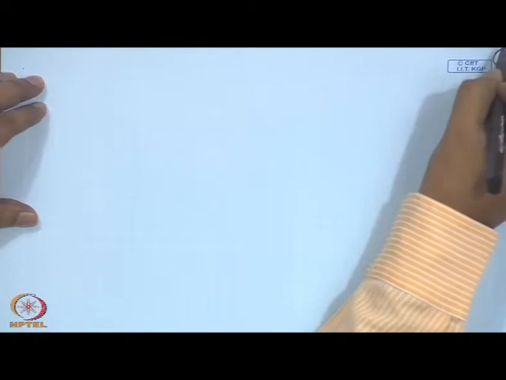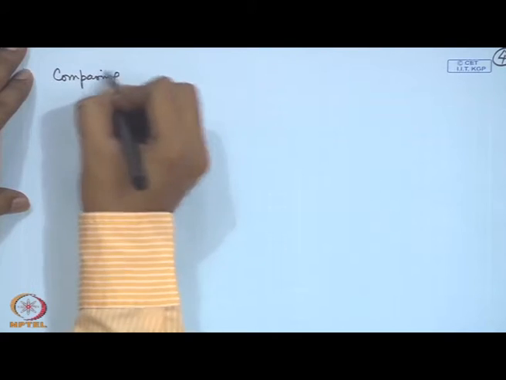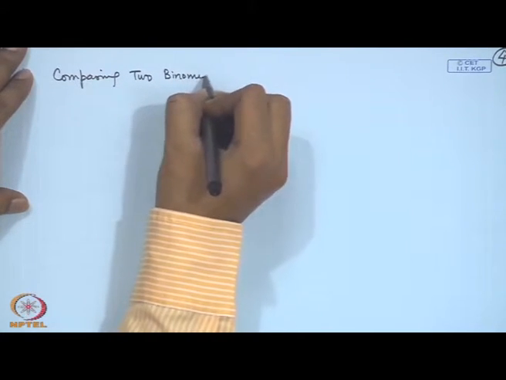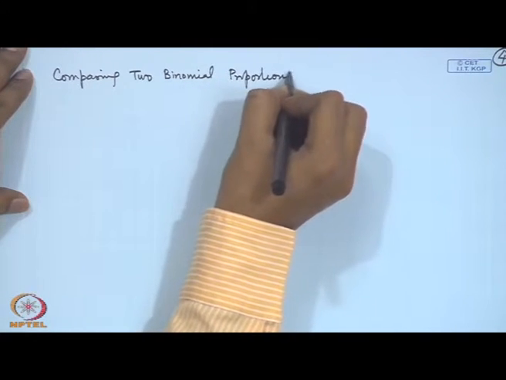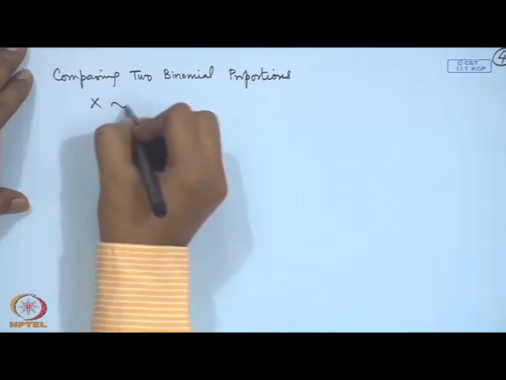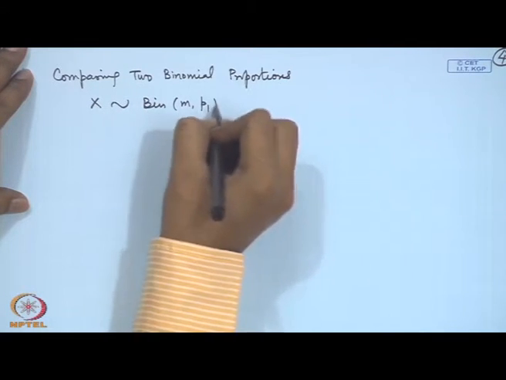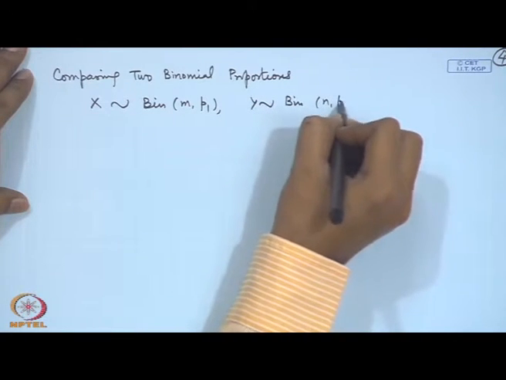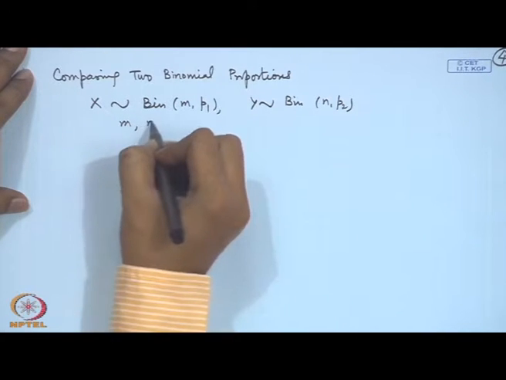Sometimes we may be interested in comparing two proportions. That means we have X following binomial (m, p 1) and Y following binomial (n, p 2), and m and n are large.